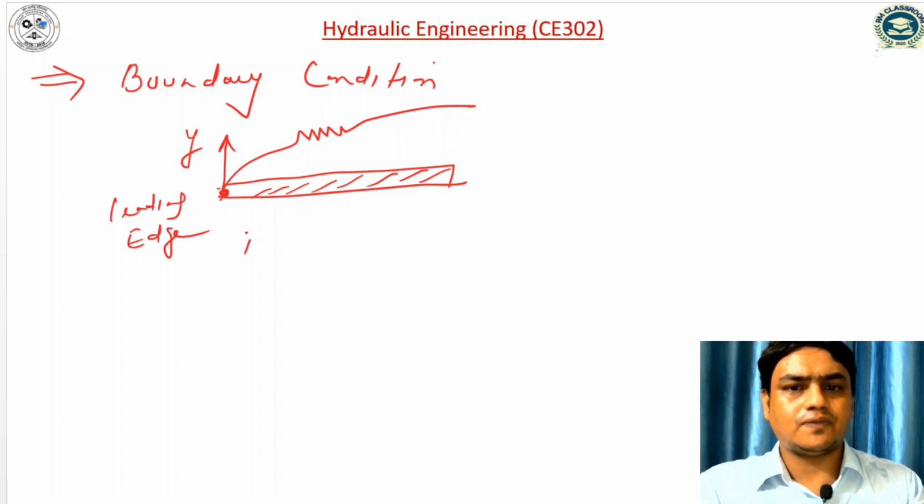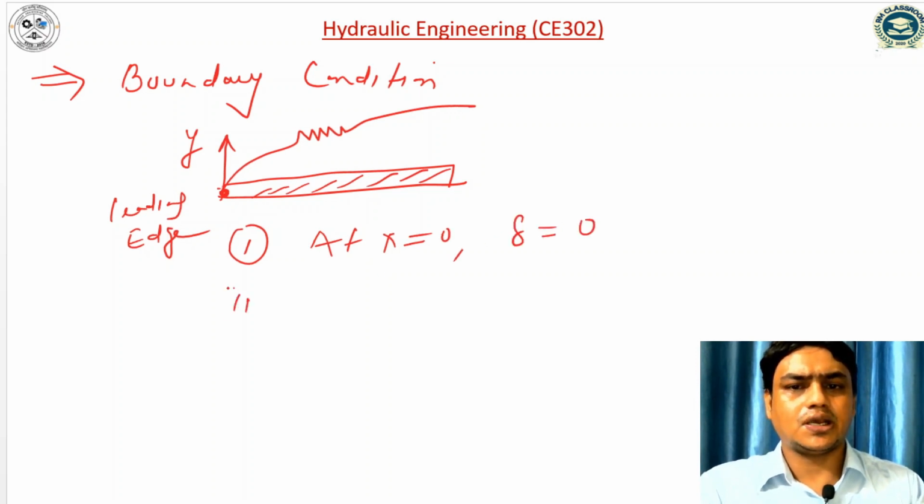So we can see the first boundary condition I have written: at x is equal to 0, delta is equal to 0. Second boundary condition, at y is equal to 0 our local velocity is equal to 0.